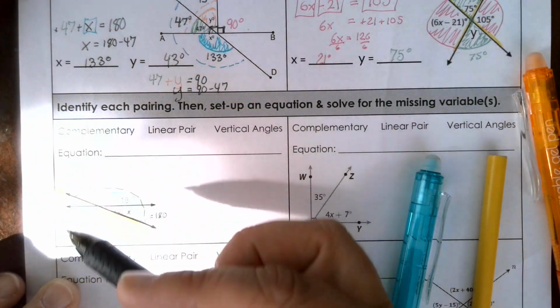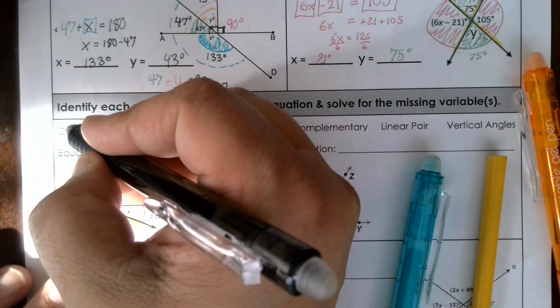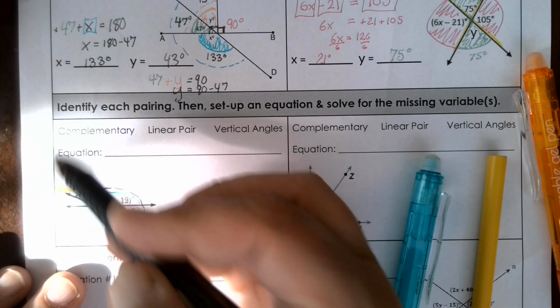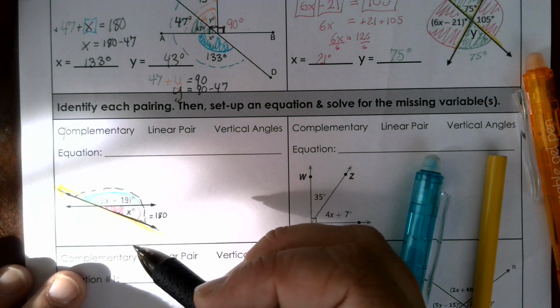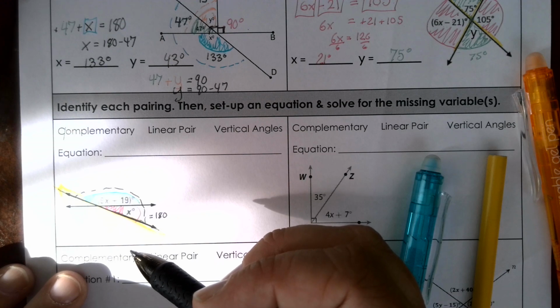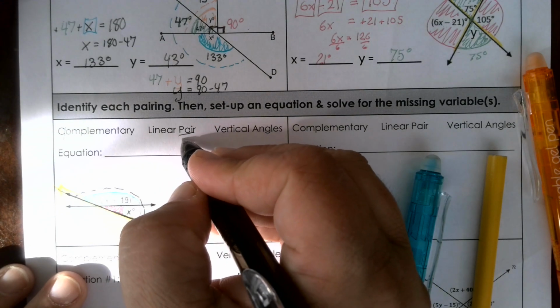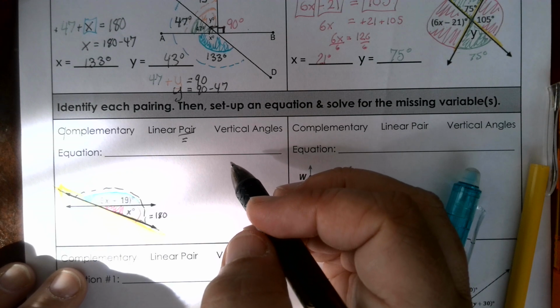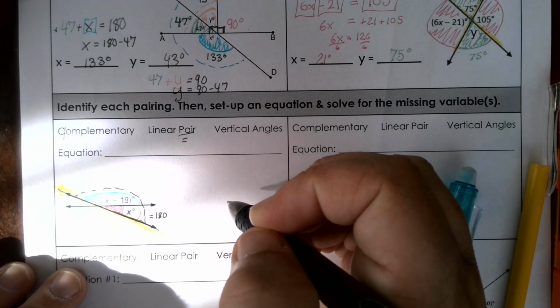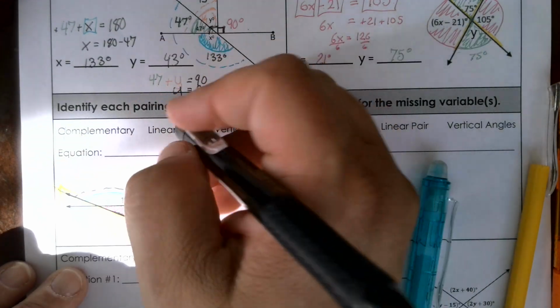Remember, when you're looking at complementary, if you draw a line through it, it looks like 90. Linear pair, pairs are always the same, right? So you can think of pair as being equal. Like same shoes, they look the same, they're equal. And so they go together.